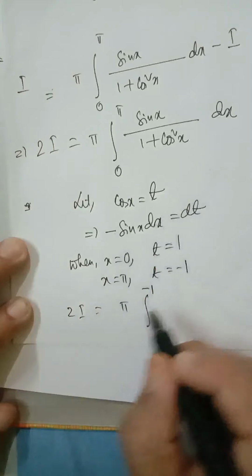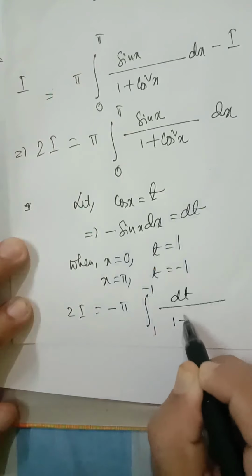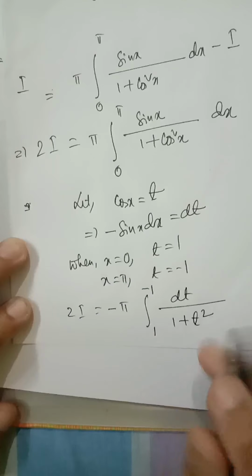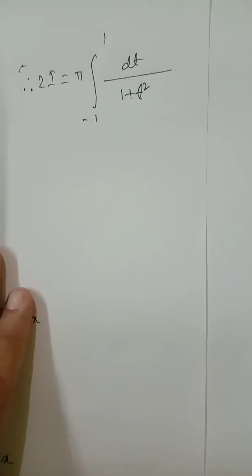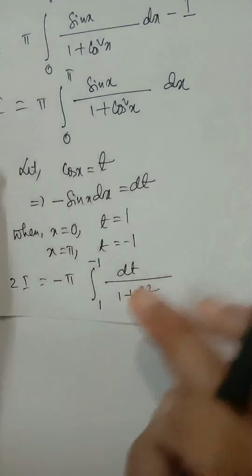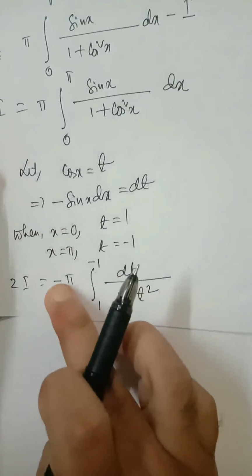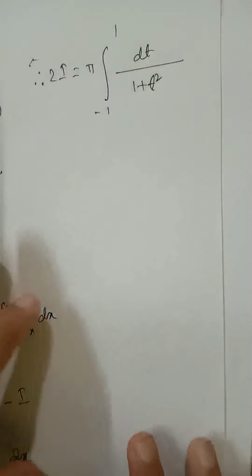Sin x dx will be minus dt, so this will be minus dt by 1 plus t square. Now we will interchange the limits, this will become plus, and so interchanging the limits, we will get this.